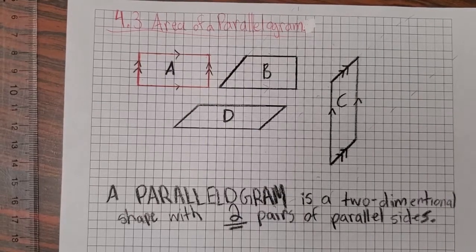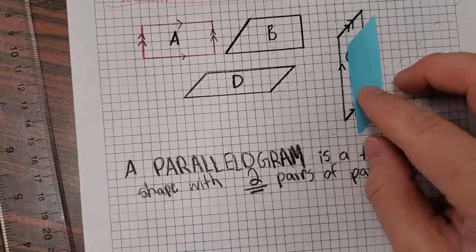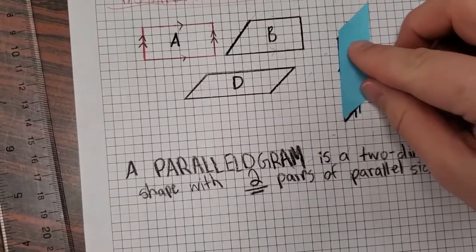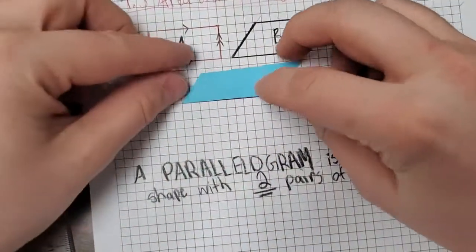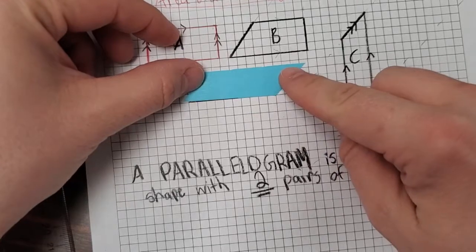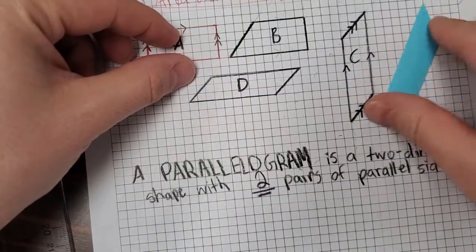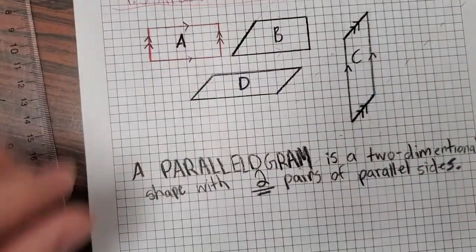A square is also a parallelogram. It's just a type of parallelogram. I've cut out this piece of paper here just to show that C, if we were to take it and flip it over, we'd be able to make it the same size as D. They're actually the same size, which means that they would have the same area.